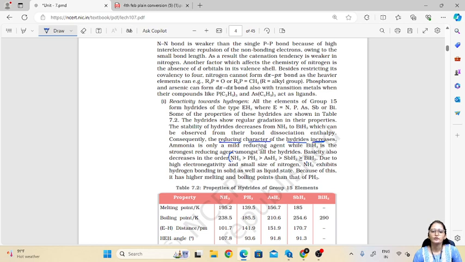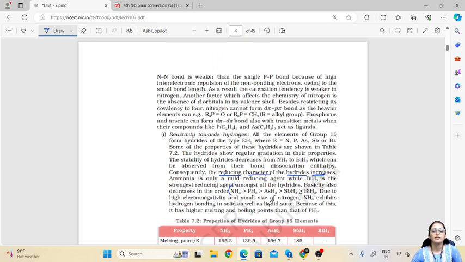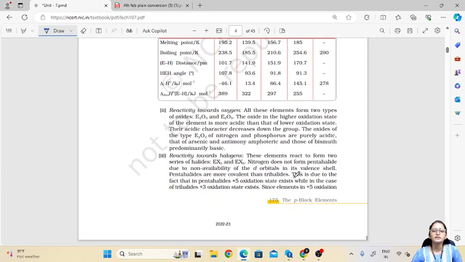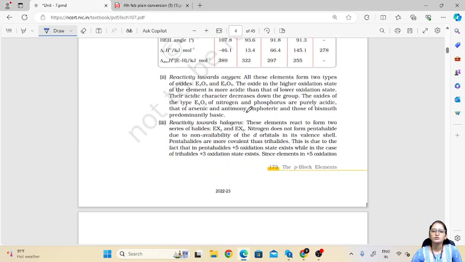Then due to the high electronegativity and small size of nitrogen, ammonia exhibits hydrogen bonding in the solid as well as in the liquid state, and because of this it has a higher melting and boiling point than phosphine. Then reactivity towards oxygen. These elements form two types of oxides, E2O3 and E2O5, where E is the group 15 element.